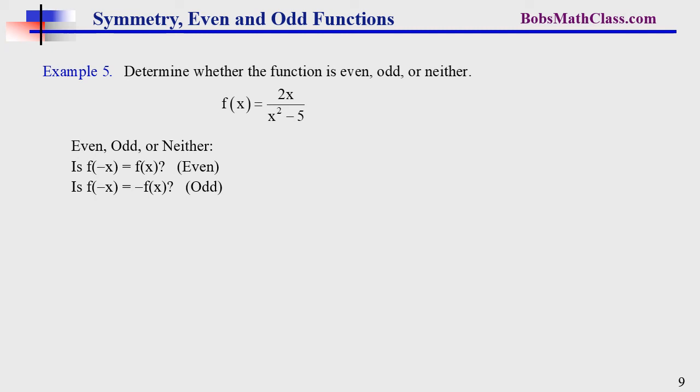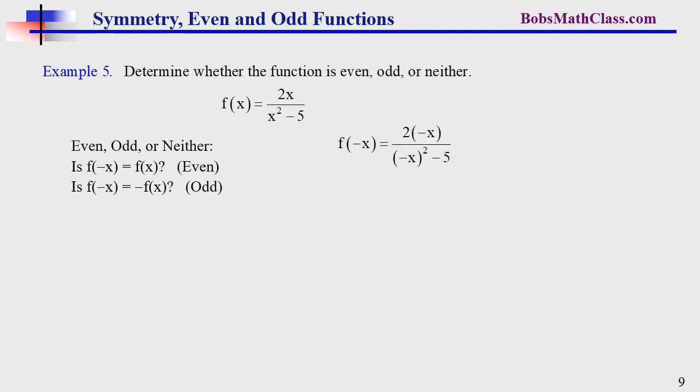All right, here's our next one. This is called a rational function. It's called rational because it's a fraction. The word rational has the word ratio. Okay, let's replace x with negative x.